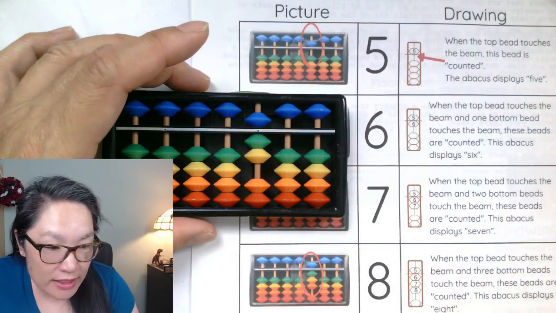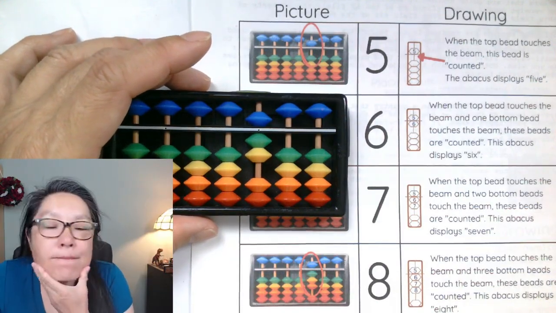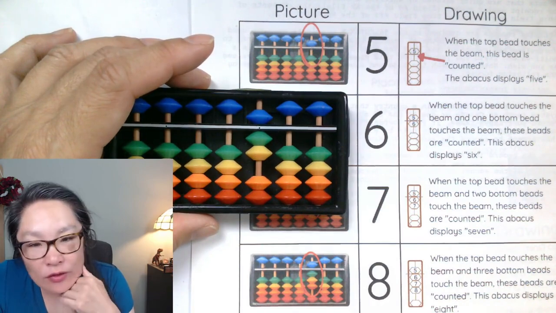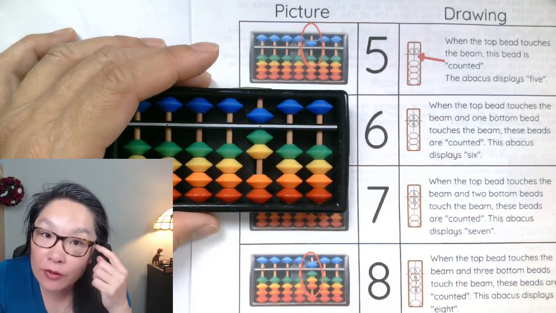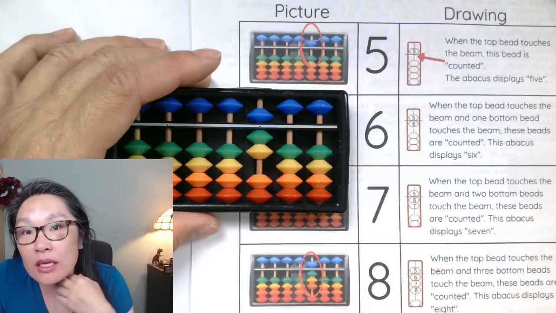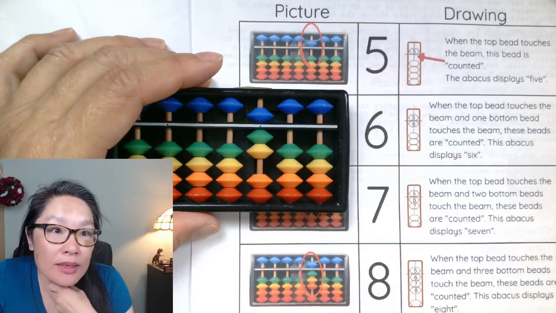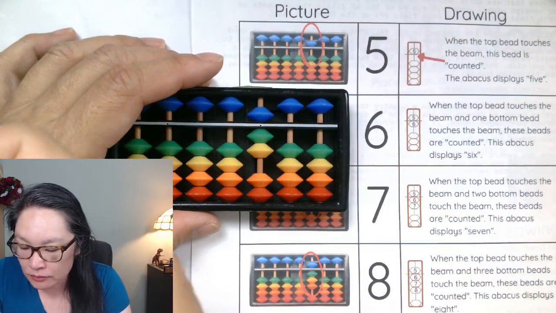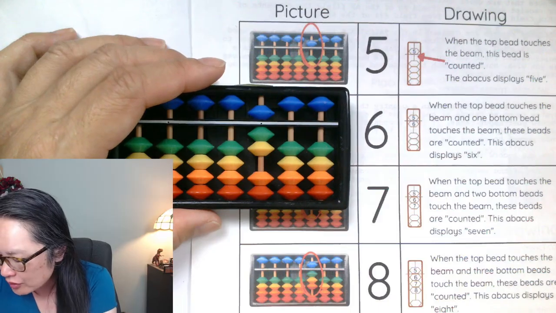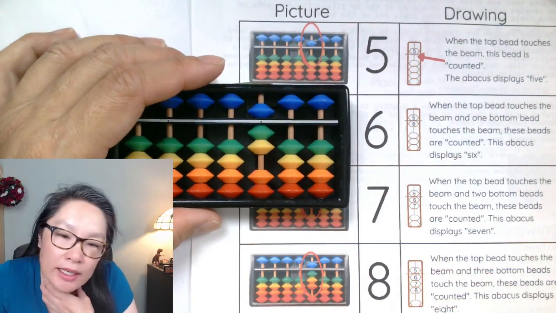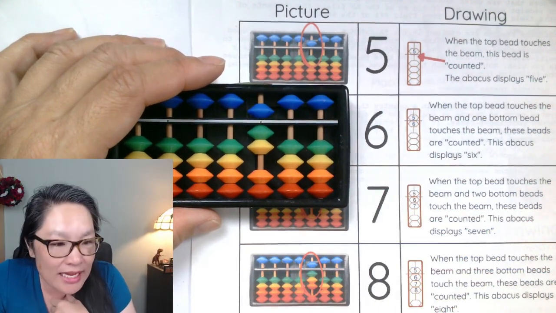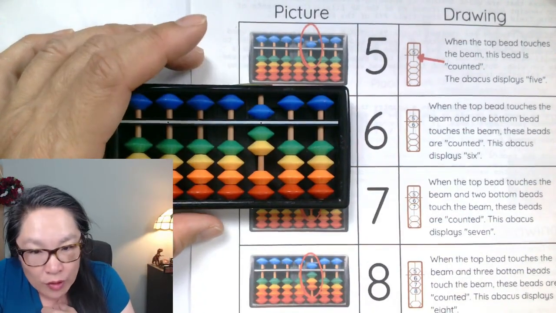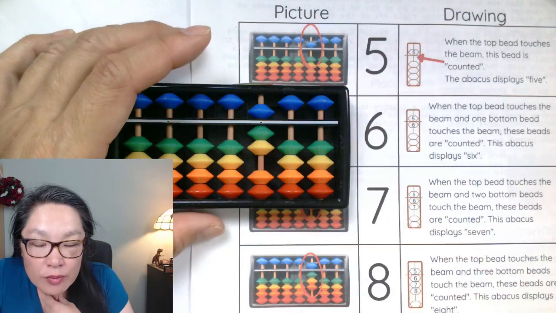What grade do I teach? I don't teach a specific grade because abacus doesn't have a specific grade, but I am planning to make grade-specific abacus worksheets. Usually people take abacus as an enrichment program, and I have an enrichment program.